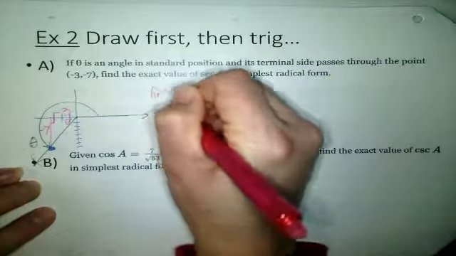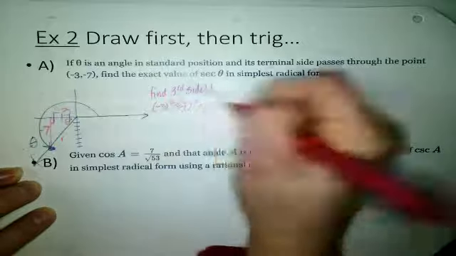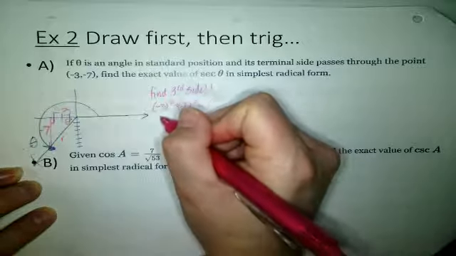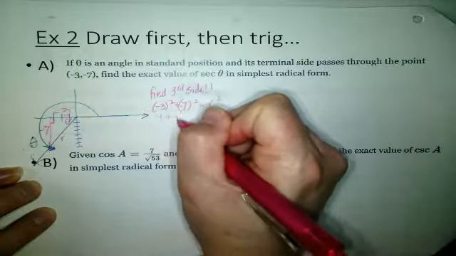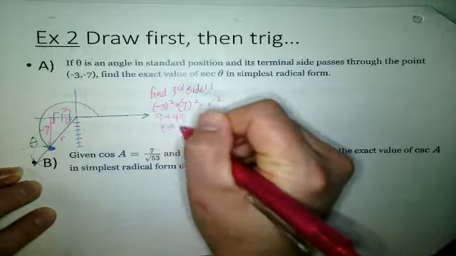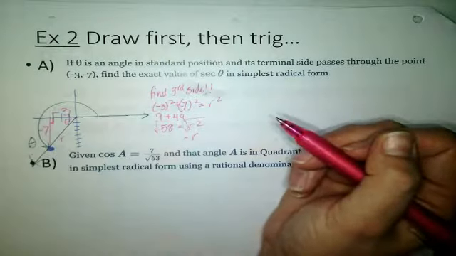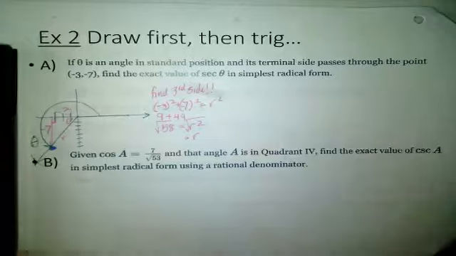So we have (-3) squared plus (-7) squared equals the radius squared. That's 9 plus 49, which is 58. And when we take the square root of 58, I don't think it's prime.